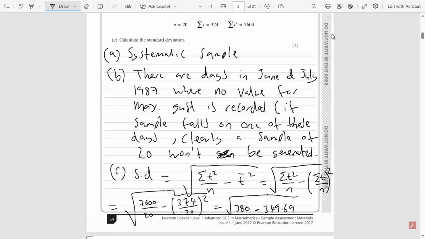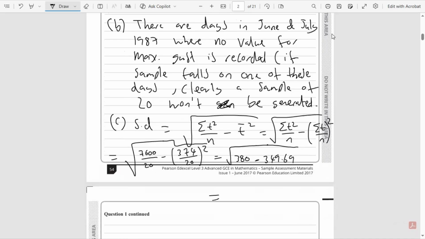Now I will just type this in the calculator to give us our number. So 380 minus 349.69. So this is going to be the square root of 30.31. So that gives us 5.50545. I'll just stop there.